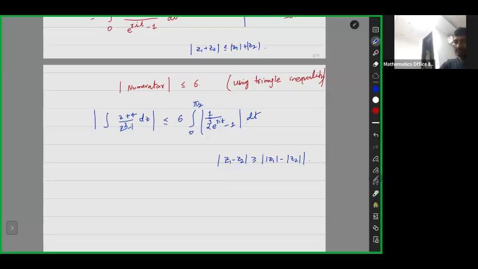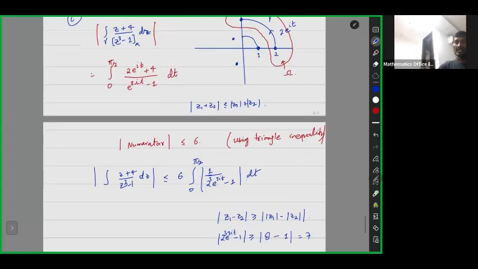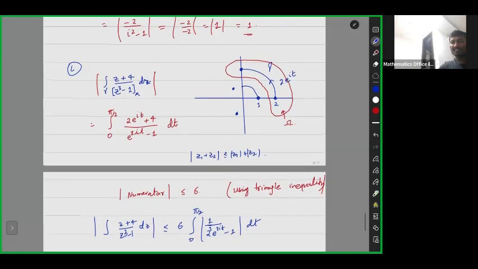Here if we put z1 equal to 2 e power i t, we get that the modulus of 2 cubed e power 3 i t minus 1 is bigger than or equal to 8 minus 1, which is 7. Taking the inverse of these real numbers, the modulus of 1 over 2 cubed e power 3 i t minus 1 is less than or equal to 1 by 7.